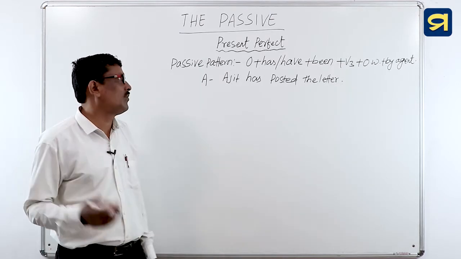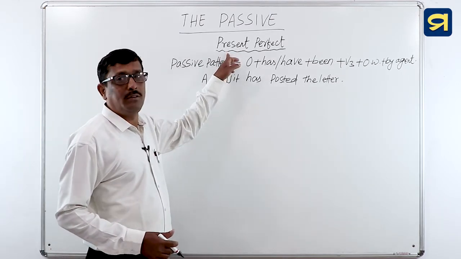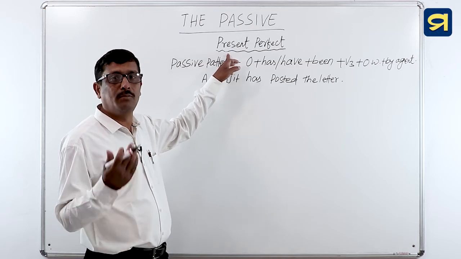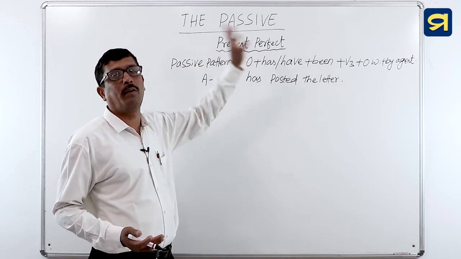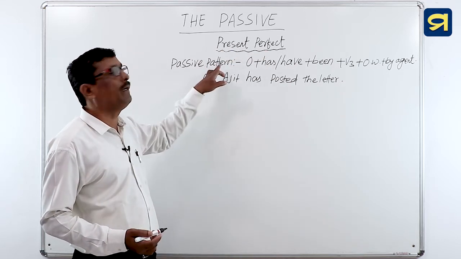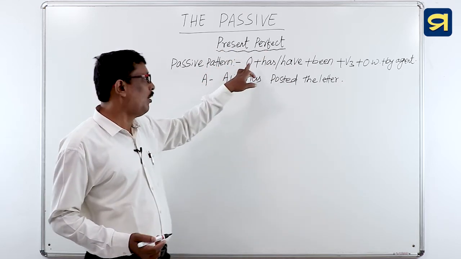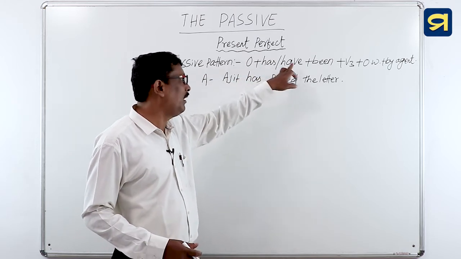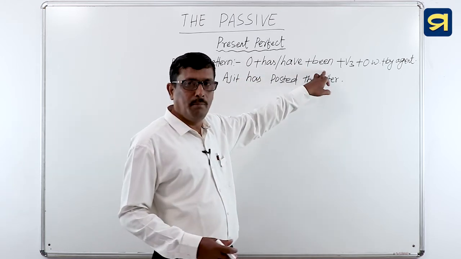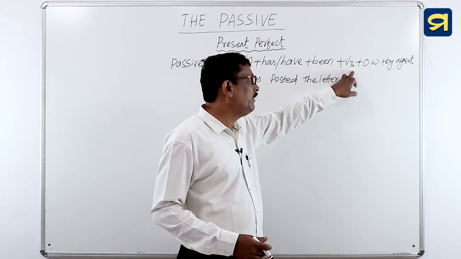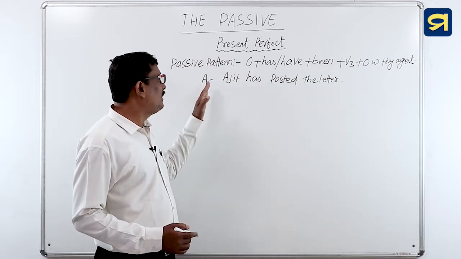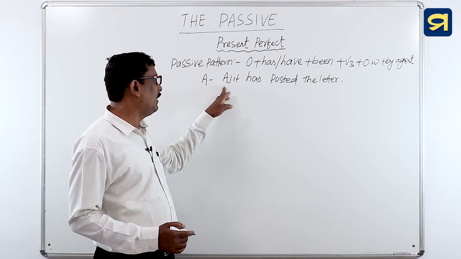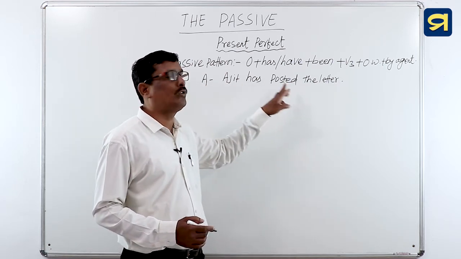Dear children, next, we will learn how to change its voice from active voice to passive voice in present perfect tense. See the passive pattern of the sentence. Object followed by has or have, then been followed by V3, then other words, then by agent. Now, change its voice of the sentence, Ajit has posted the letter.